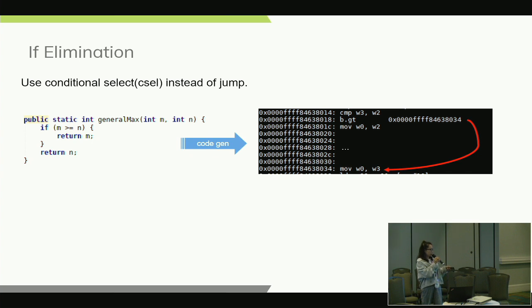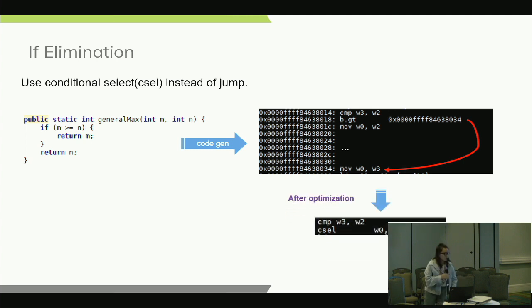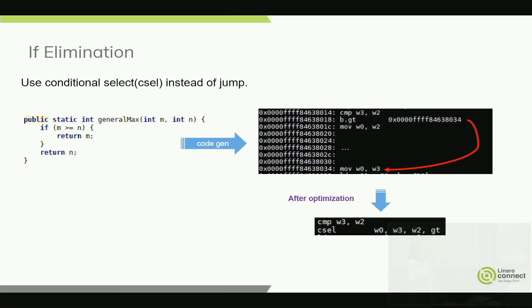After our optimization, we can use a conditional select instruction to remove the jump instruction, because the jump can largely influence the performance.